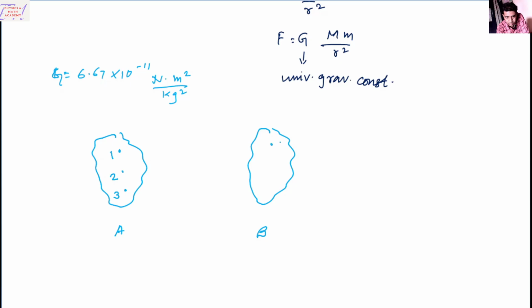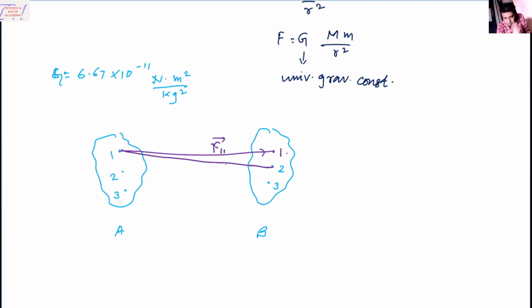Body A and body B both consist of 3 particles, and we treat the system in a discrete manner. So the force exerted by particle 1 of body A on particle 1 of body B is F11.